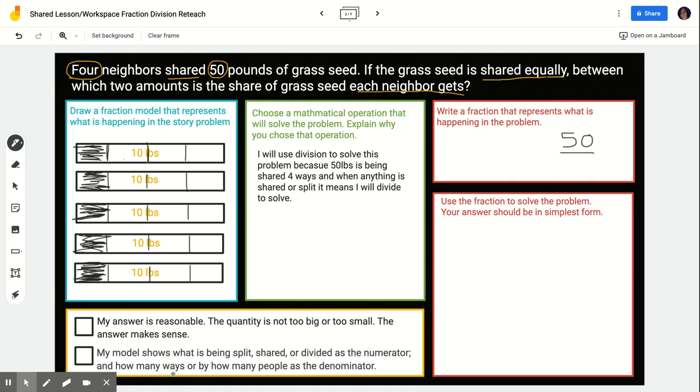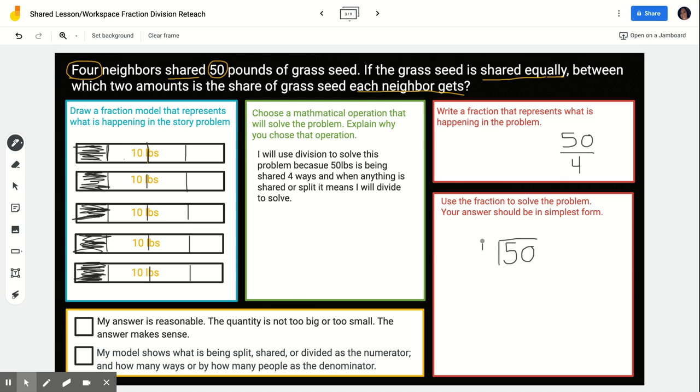And the denominator is how many ways or by how many people. 4 neighbors are sharing it. So that's the amount of people. So 50 pounds is being shared 4 ways. Remember, we read this as 50 divided by 4. Now it says use the fraction to solve the problem, and your answer should be in simplest form. So 50 fourths also says 50 divided by 4.